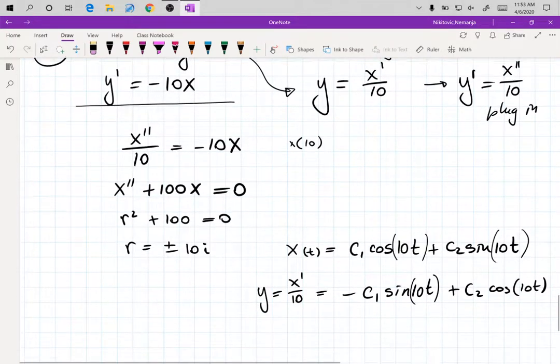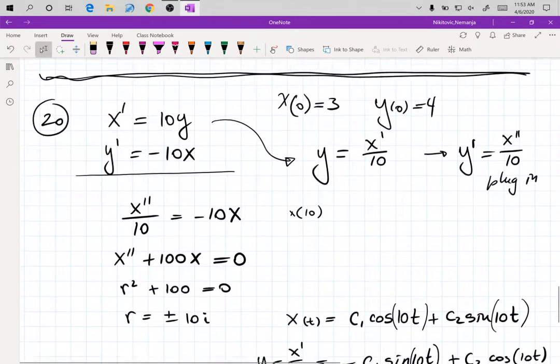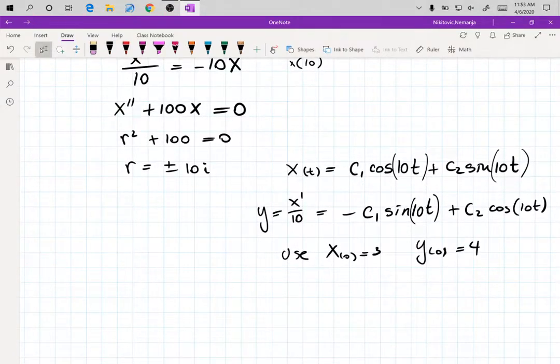And that's the solution. But we're not done. They want us to use x of 0 is 3 and y of 0 is 4, I believe. So now we need to plug these values in and see what comes out on the other end.